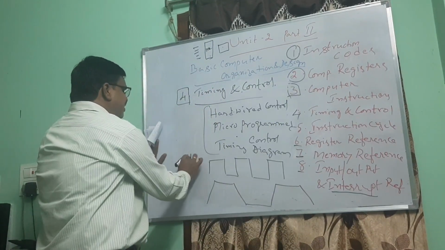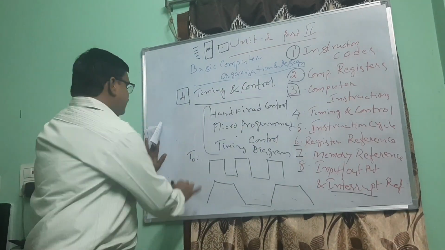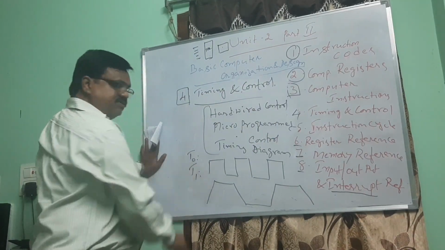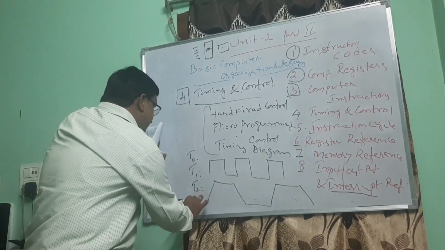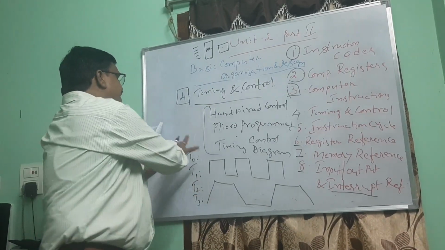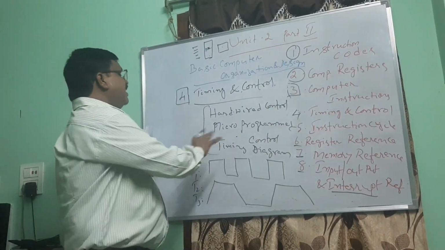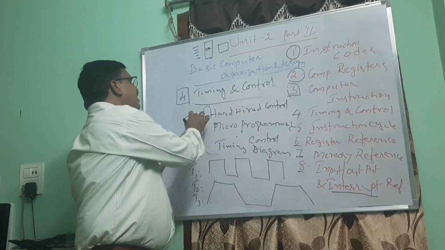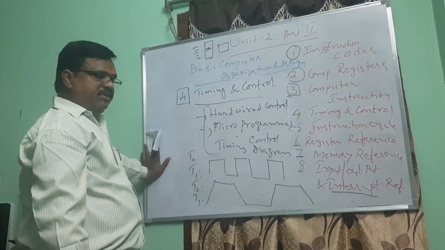So at T0, what will happen if you are going to give the instruction, at T1 time slot 1, and at T2 what is going to happen, at time slot 3 what is going to happen. Based on that, a timing diagram will be drawn, and this timing diagram is controlled by these 2 types, hardware controlling and microprogram controlling.